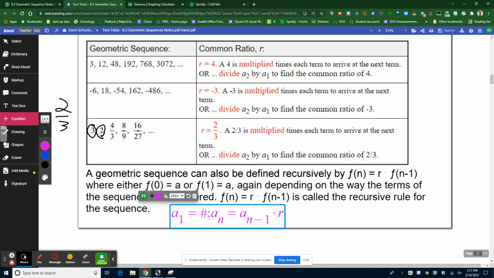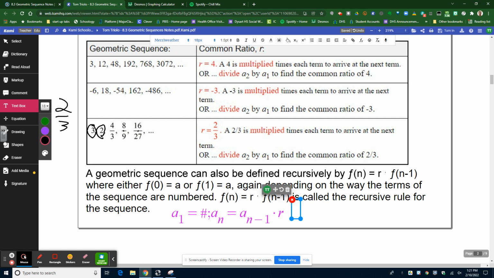But they want you to define this for a specific set of numbers. So we are only going to use this for n greater than or equal to.